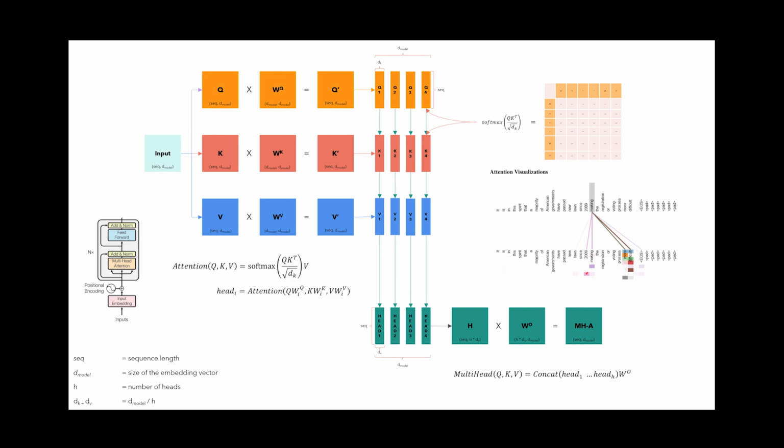So each head will see all the words, but each head will see only a part of the embedding. This head will only see 1/4 of the embedding of the word, this head will see another 1/4, this one another 1/4, and this one another 1/4. And this is the idea behind the multi-head attention.